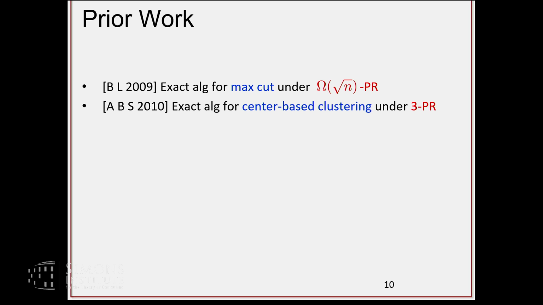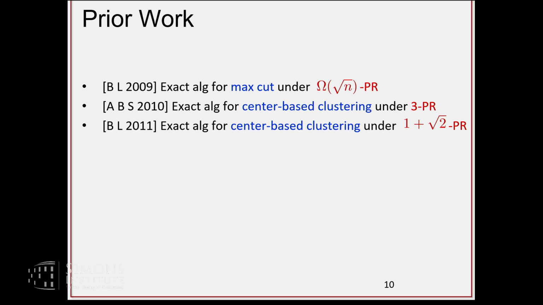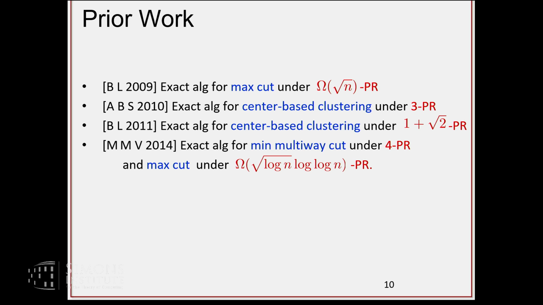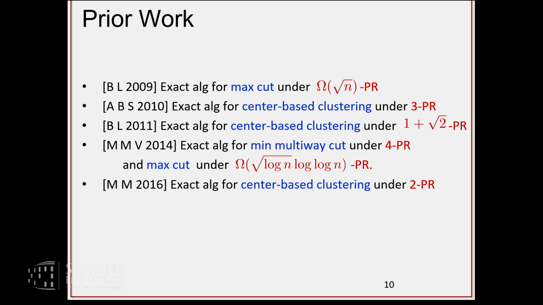And they showed an algorithm for 3 perturbation resilience. This was later improved by Balcan and Liang, who showed that just 1 plus root 2 perturbation resilience is needed to get an exact algorithm. And then there's been some more work on max cut, lowering the level of perturbation resilience, and minimum multiway cut. And then a recent result a couple months ago, lowering the perturbation resilience needed for center-based clustering once again. And by the way, these are all for the symmetric versions of the problems.